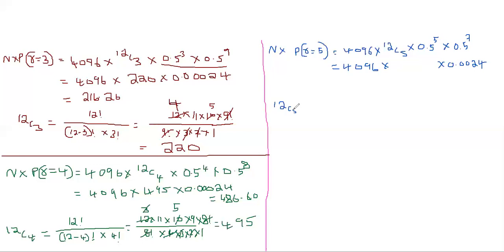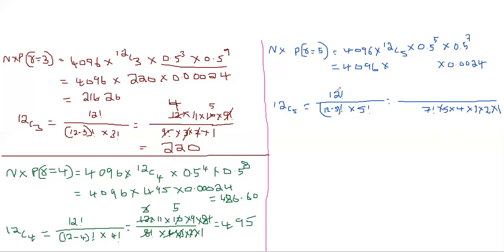12C5 is equal to 12 factorial divided by 12 minus 5 factorial into 5 factorial, which is 7 factorial into 5 into 4 into 3 into 2 into 1.